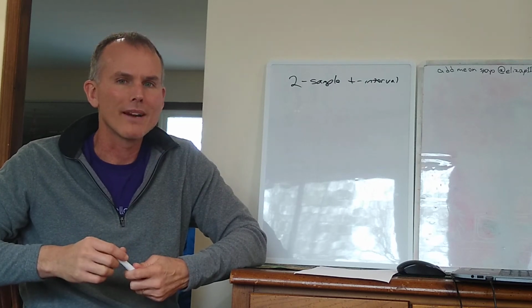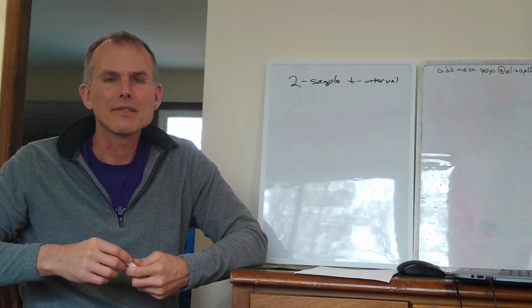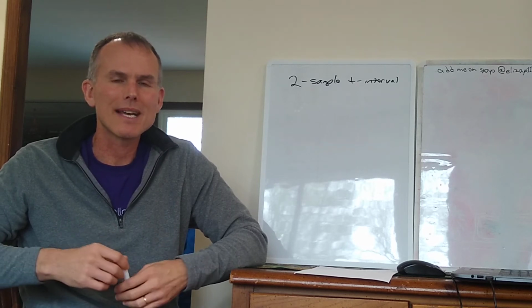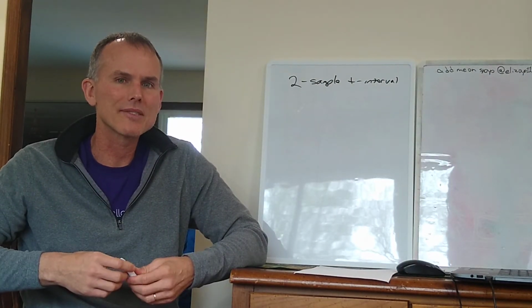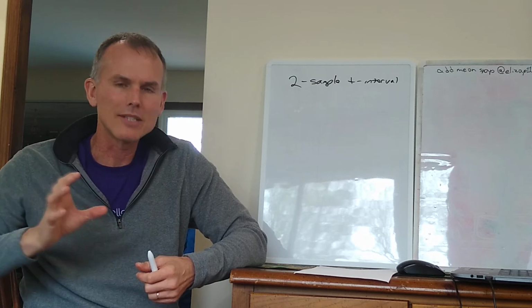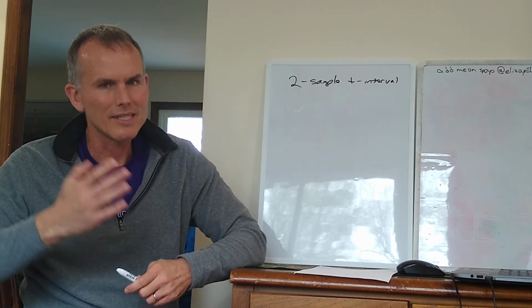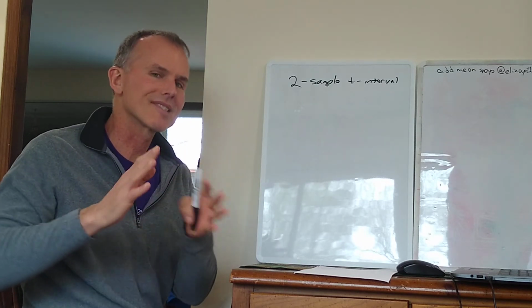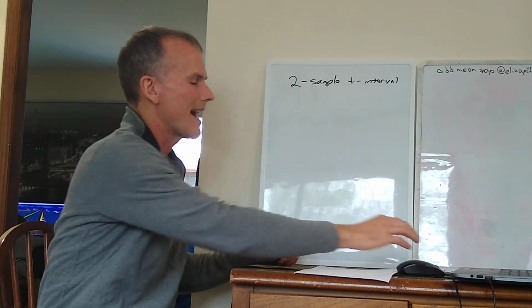One group is going to wear a fitness tracker, and another group is not going to wear a fitness tracker, and we're going to measure the mean weight loss in each group. So we're not randomly selecting anybody here. We're getting some volunteers, and we're going to randomly assign them to either the group that wears a fitness tracker or the group that does not.